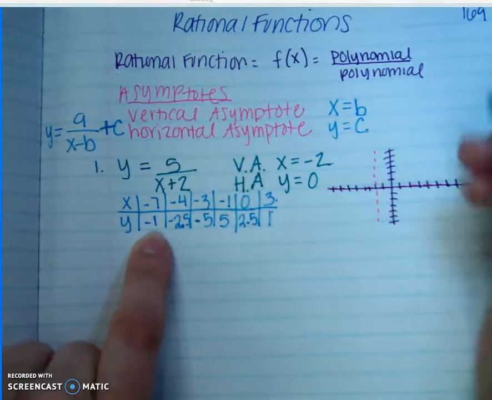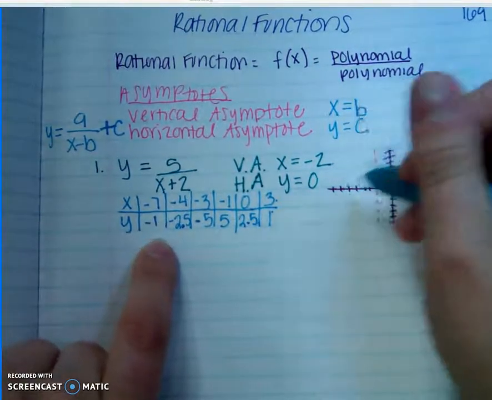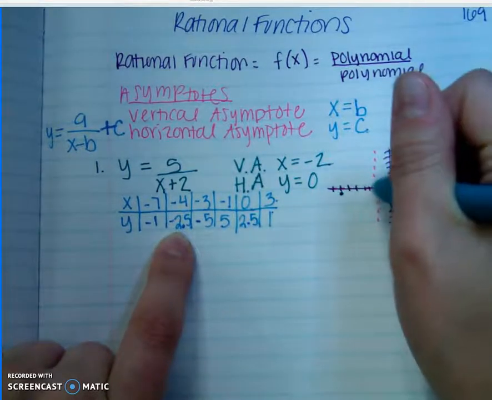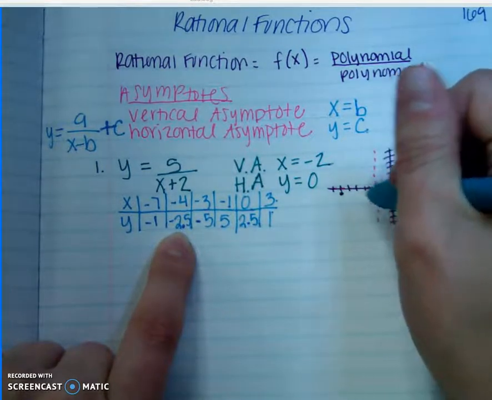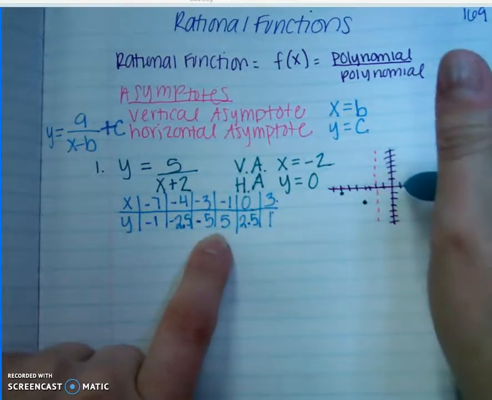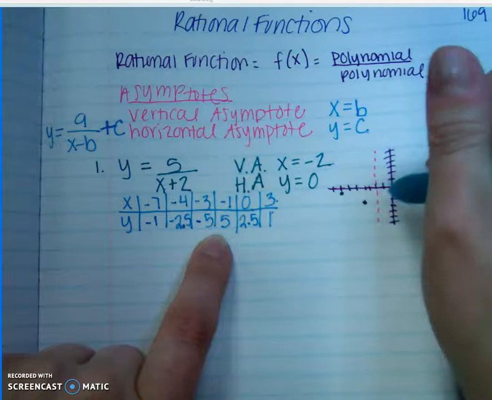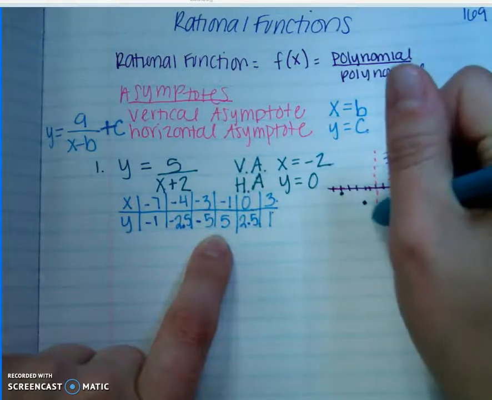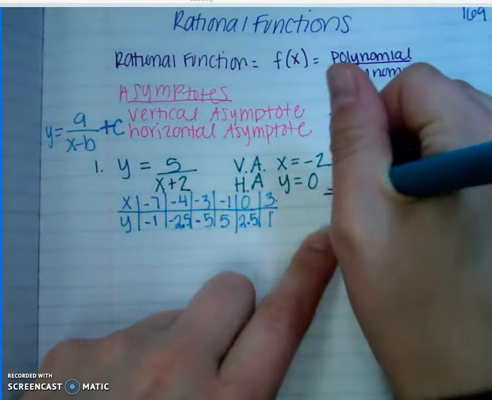the points. I'm going to -7, -1, -4, -2.5. Again, just a rough sketch here. -3, -5. Okay, and it's going to look like this.